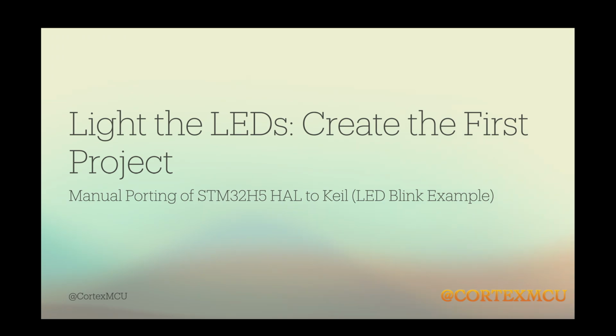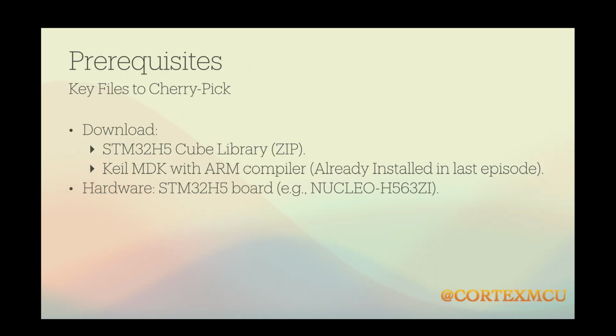Create the first project. We are going to manually port the STM32 H5 HAL to Keil MDK. We will take the LED blink as an example. The prerequisites for the new project: we need to download the STM32 H5 Cube library, which is a zip file.